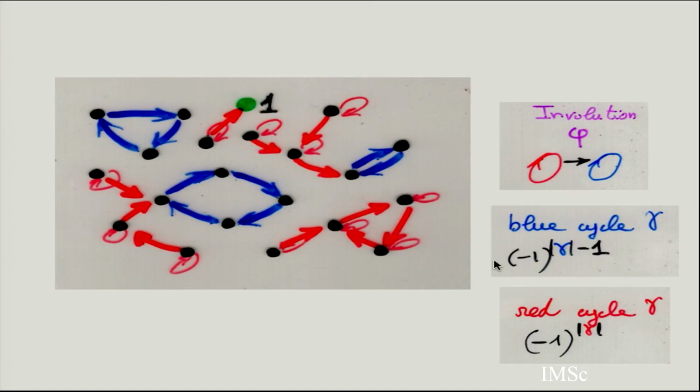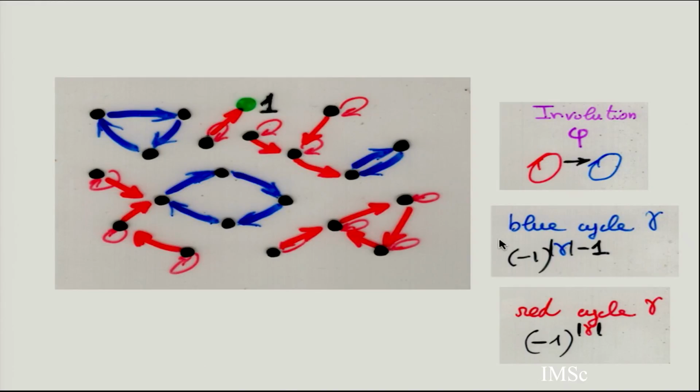The -1 coming from the inversion, the blue cycle comes from the inversion, so it's -1 to the power of the length minus 1, but each edge in blue is weighted -1 in the matrix. So you get -1 to the power of the length of the blue cycle, multiplied by -1 to the power of the length minus 1.